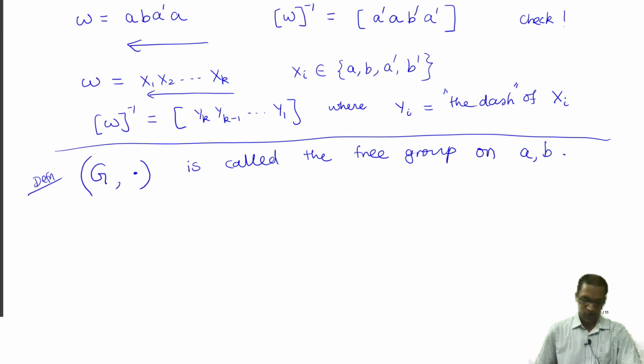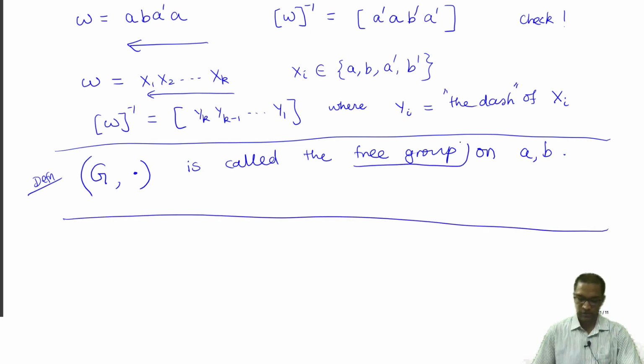For now at least, the motivation for this terminology is not yet fully clear, but we at least said let's start with A and B, let's not put any relations, just let A and B be arbitrary symbols, let them generate, look at all possible products and so on.